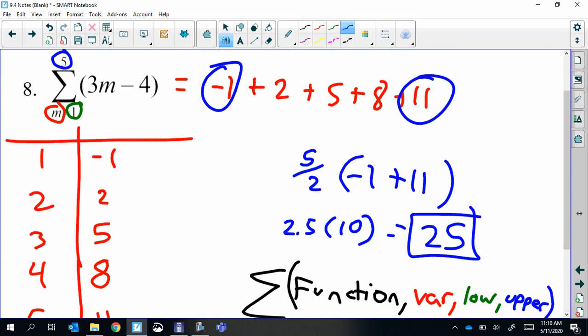There you are. So you type in the function first, comma, then whatever the variable was, comma, the lower, and then the upper. The commas, obviously.